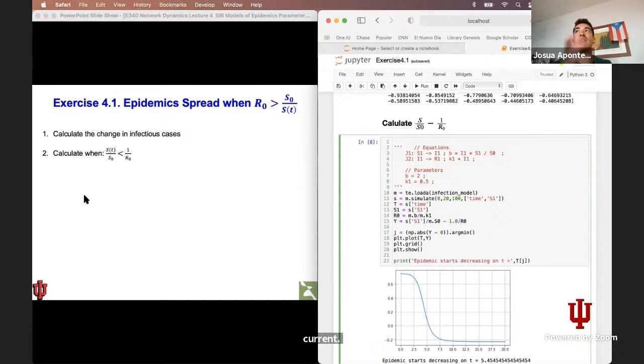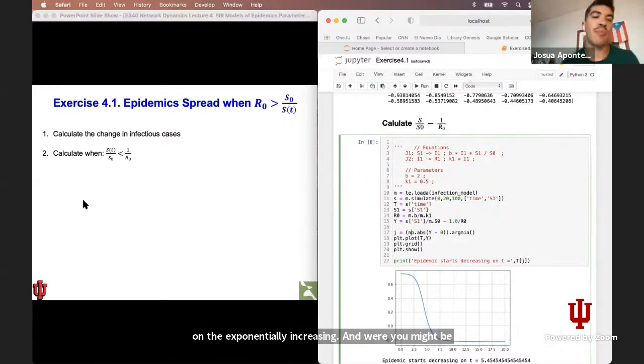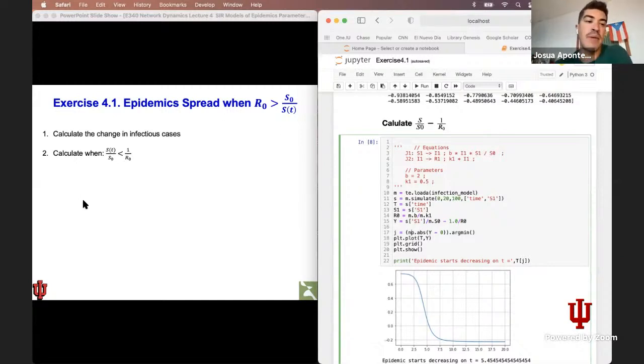As opposed to being on the leading end, the exponentially increasing end, where you might be more willing to tighten up restrictions or promote other containment measures.